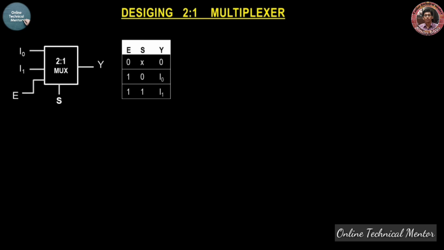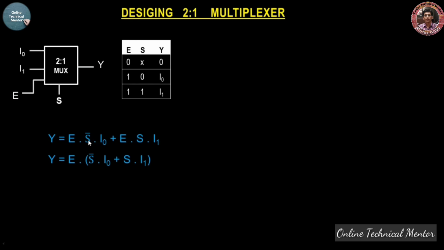So before implementing the logic diagram, let's write the Boolean expression first. So this is my Boolean expression. I have considered those rows which have high enable. So we will consider the last two rows. Now look, we are getting I0 in the output when E is 1 and S is 0. That means you have to write like this. Since E is 1, just write E, and for the AND operation, we have to write a dot over here.